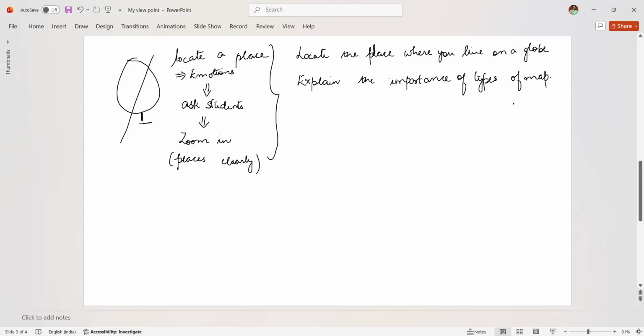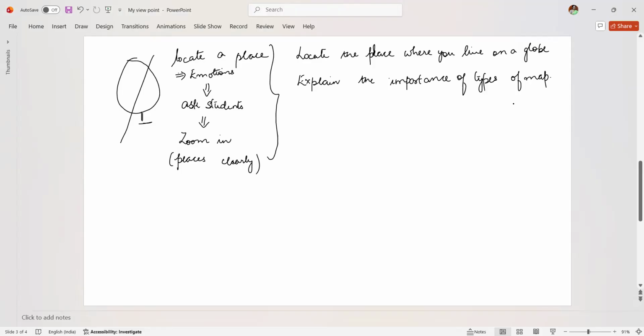If I am traveling from Delhi to say Rajasthan, Jaipur, as I travel, I see different features, but I don't see that in the map.